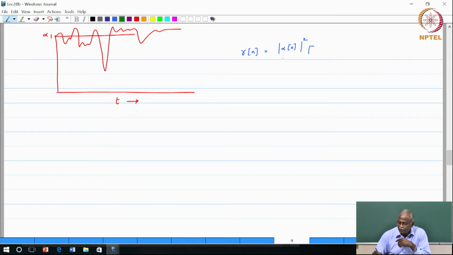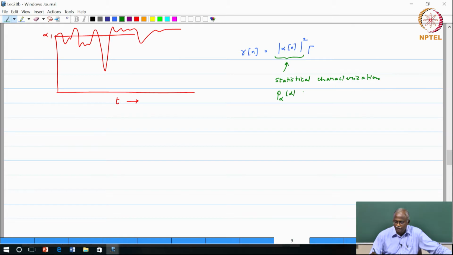Now the wireless people have done a fairly extensive work and have obtained a complete statistical characterization of these wireless channels. Okay, so in some sense I know what the probability of alpha is. Okay, this is known. It is called a Rayleigh distribution.